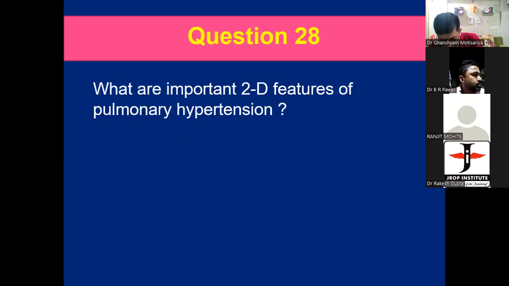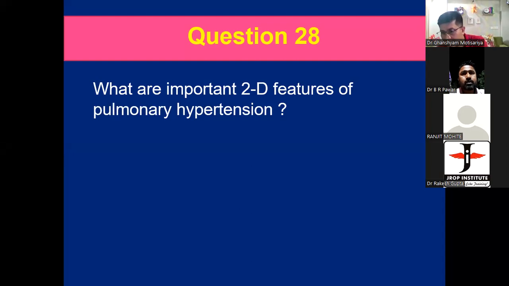Dr. Bhatkar, Dalip Pandit. Yes, sir. Good evening. What is an important two-dimensional feature of pulmonary hypertension? Sir, in pulmonary hypertension, we will see dilatation of the right ventricle and bulging of the septum towards the LV in short axis.